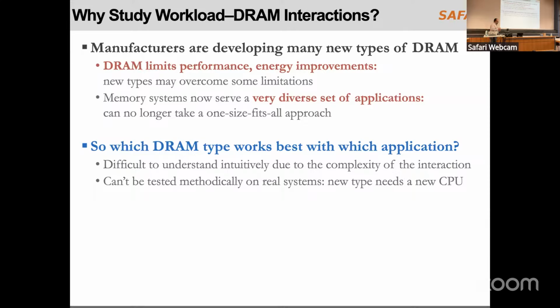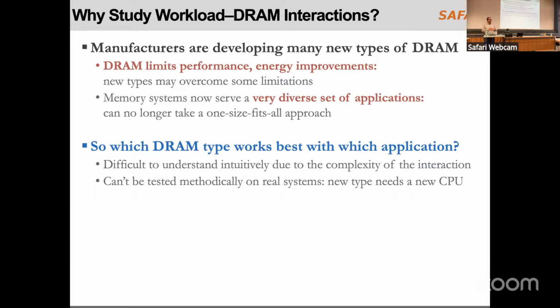This kind of analysis you cannot really do with a real system, because the memory controller is actually on the CPU chip, so you cannot change it. It is optimized, or lets you connect certain memory to that processor. So if you want to test different memory components or different memory types for different applications, you need to change the processor too.